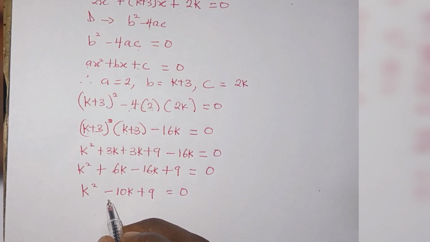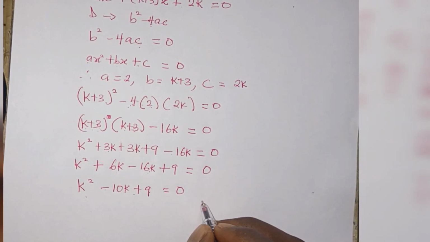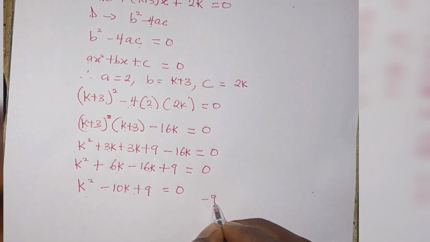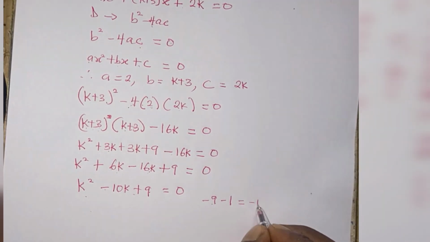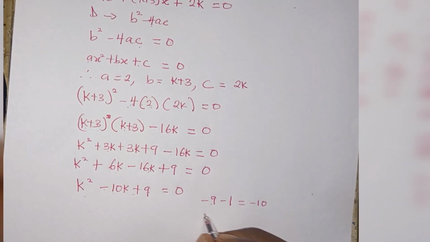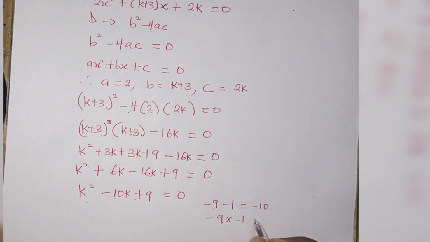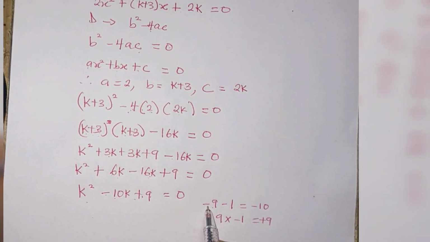So now, using the factorization method, we can factorize. If you look at it very well, we think of two factors that when multiplied give plus 9, but when added give -10. It is very clear that the factors are -9 and -1, because -9 and -1 add up to -10, and when multiplied together give +9, because -9 times -1 gives +9.